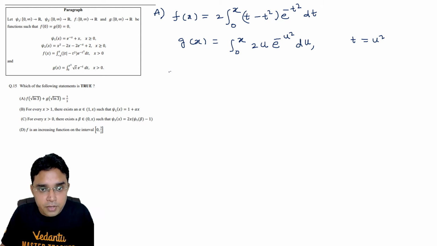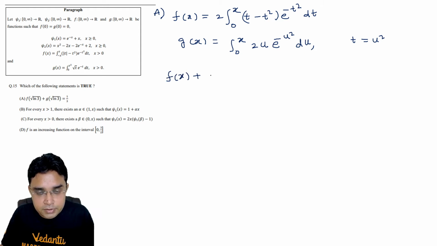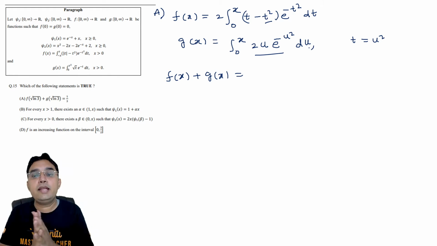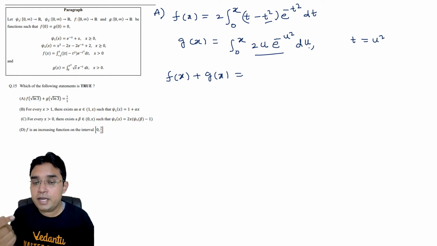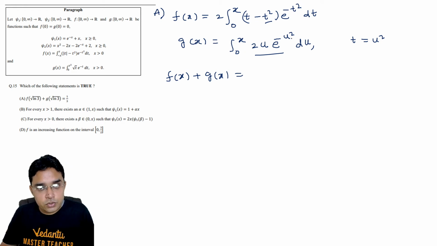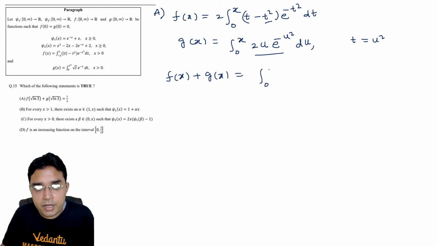And then if we add f(x) and g(x), you can see the 2t square e power minus t square and 2u square e power minus u square will get cancelled, because we have a property in definite integration: we can change the variable keeping limits the same, so it will not make any change. So these terms will get cancelled, and we will now have integral 0 to x of 2t e power minus t square dt.